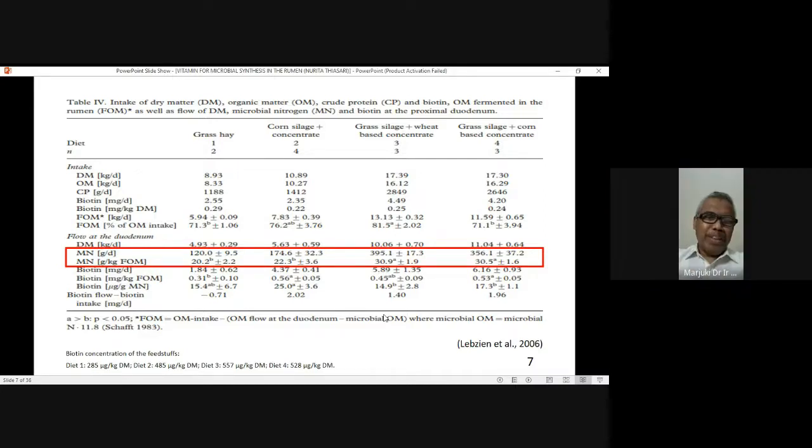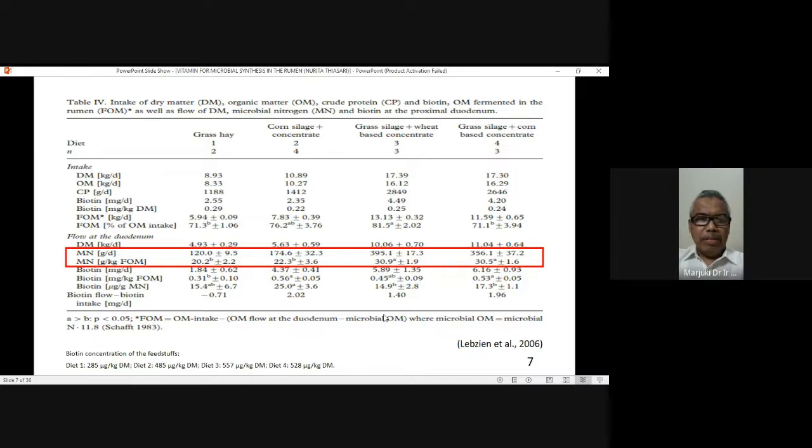Sorry, can I make a suggestion to Nurita, Prof. Hsia? Yes. Nurita, if we look at diet 3 and 4, these two diets actually give a better nutrient supply to the animals compared to diet 1 and 2, for protein and also energy and carbohydrate from wheat and corn based concentrate.